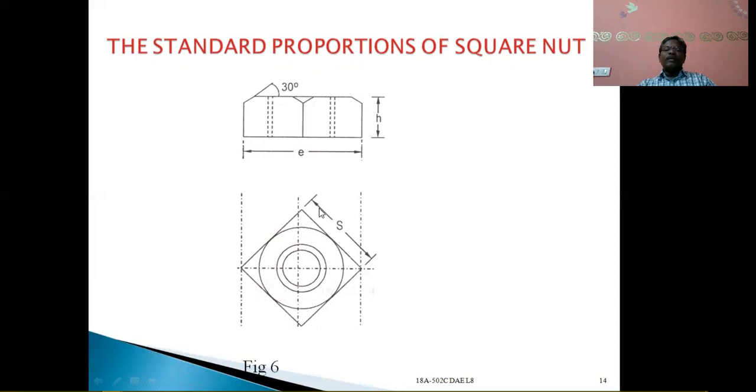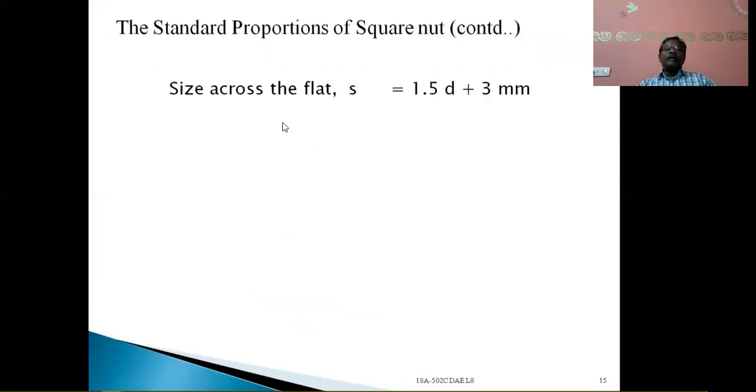The height is maybe the same as the previous case, and the size across the flats S is equal to 1.5D plus 3 mm, and size across corner, in the previous case it is 1.155, whereas now it is root 2, right?